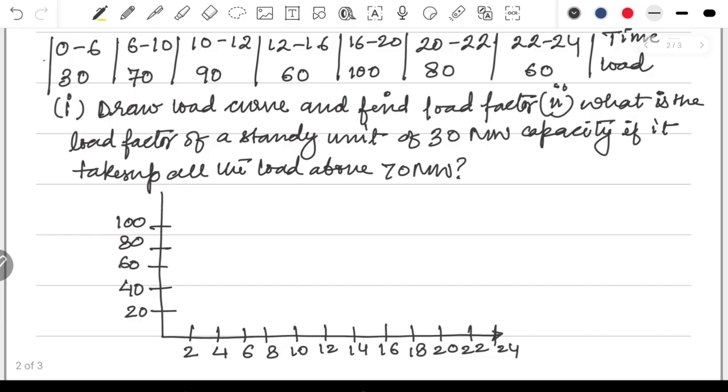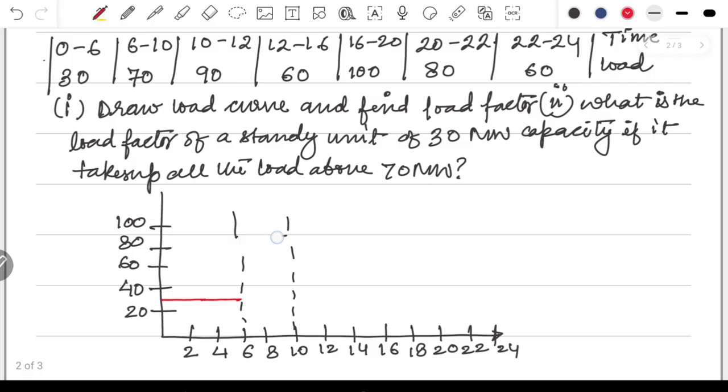Now up to 6 hours the load was 30. So somewhere here. Let me take a different pen. So this is the one. Then from 6 to 10, the load is 70. That means in between.